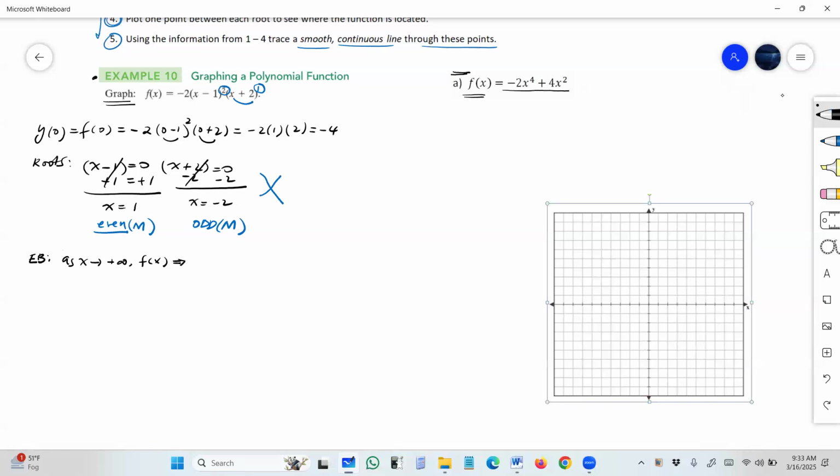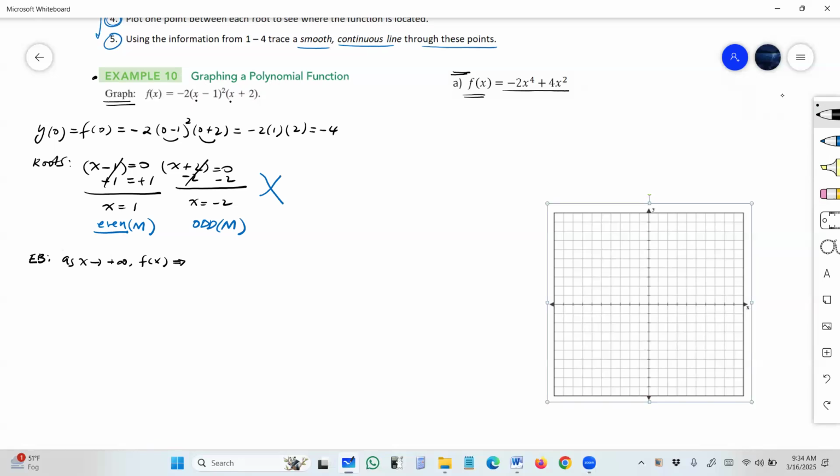For that, you can't really replace infinity here, so you pick a very large value or a very small value. Normally, positive or -1, positive or -2 is enough.